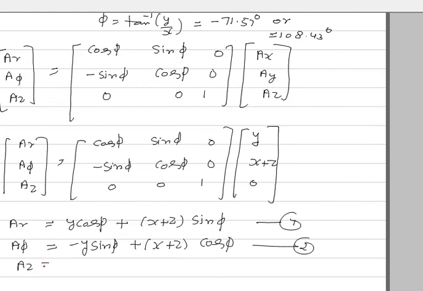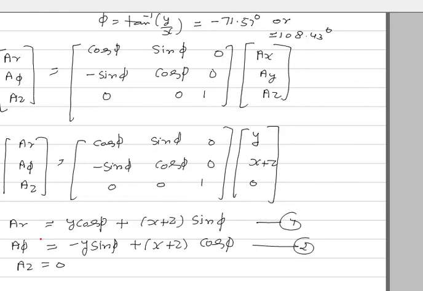AZ equal to 0. Okay dear, but you see here in equation 1, AR is the cylindrical coordinate system, phi is the cylindrical coordinate system, z is also a coordinate of the cylindrical system, but x and y are not variables of the cylindrical coordinate system. That means you should remove the y and x.